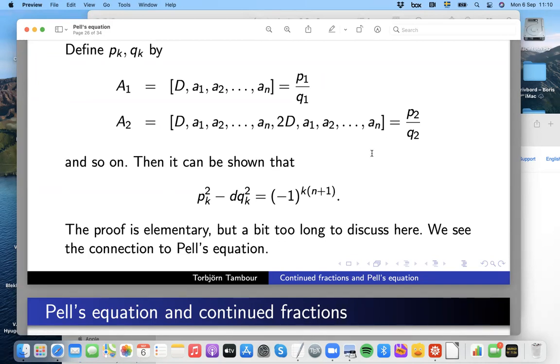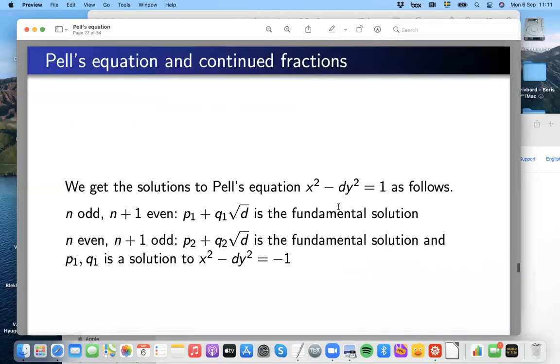Now the claim is that p squared minus d q squared is almost 1, up to a sign. The connection to Pell's equation is the following finally.